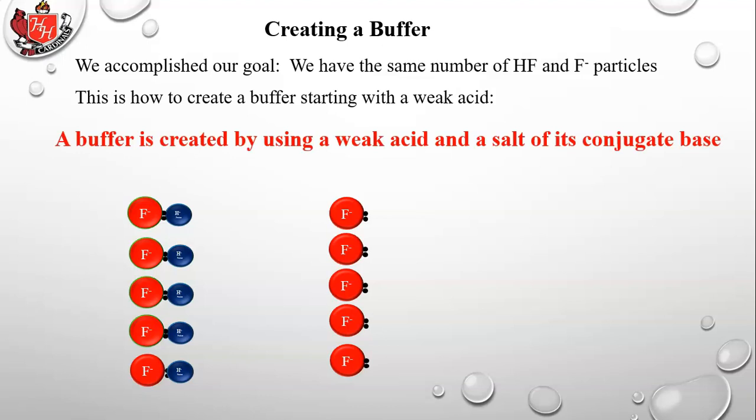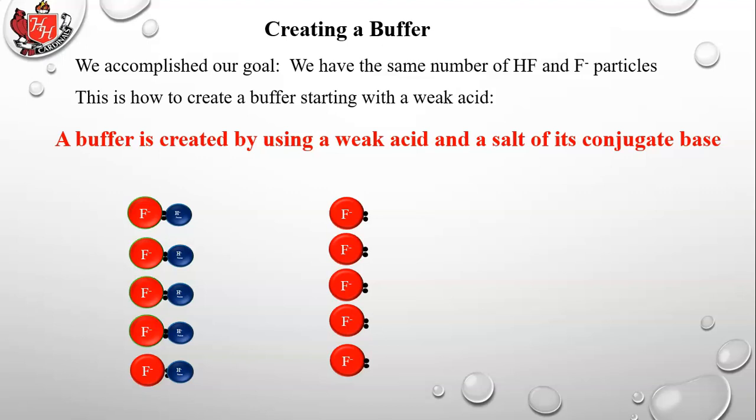So here's the thing to remember: a buffer is created by using a weak acid and a salt of its conjugate base. You can't just keep putting more of the weak acid, hydrofluoric acid, in to get the fluoride ions. You'll never get them to be even. So what you did is you went and got the salt of the conjugate base, in this case sodium fluoride.